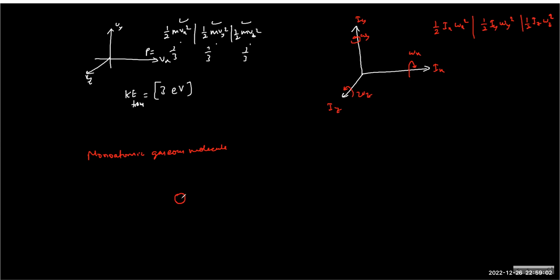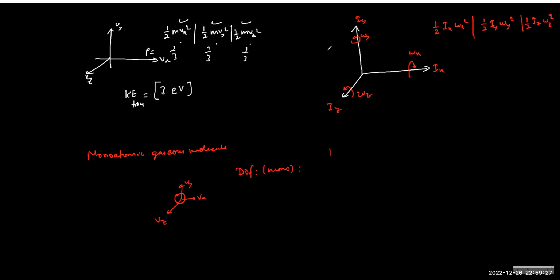So a monoatomic gas can only translate, yes or no? Because it will have a center of mass. However small a particle may be, it will have a center of mass, and the center of mass is free to move in all three directions. So how much will the degree of freedom of monoatomic be?